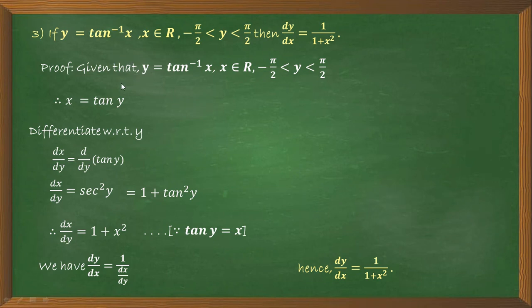In our next lecture we will prove the derivatives of cot inverse x, sec inverse x, and cosec inverse x, depending on the given condition. Remember all these as the derivatives of standard inverse trigonometric functions. I hope you have understood all these three proofs of the theorems.